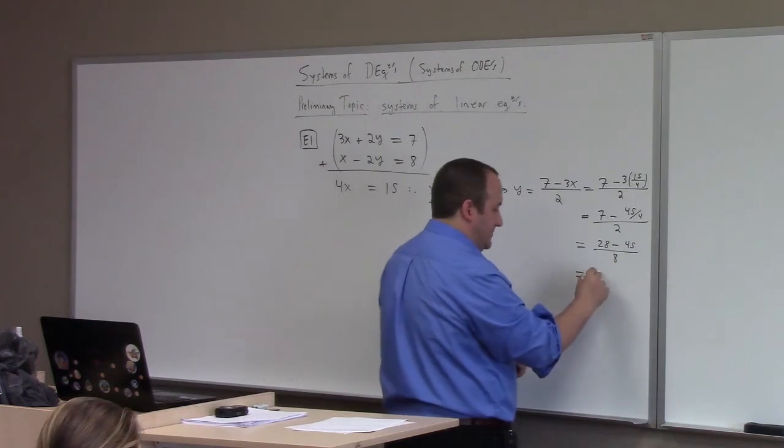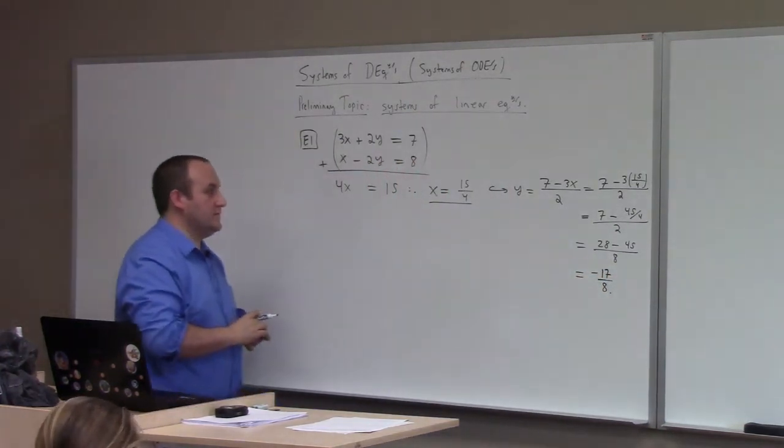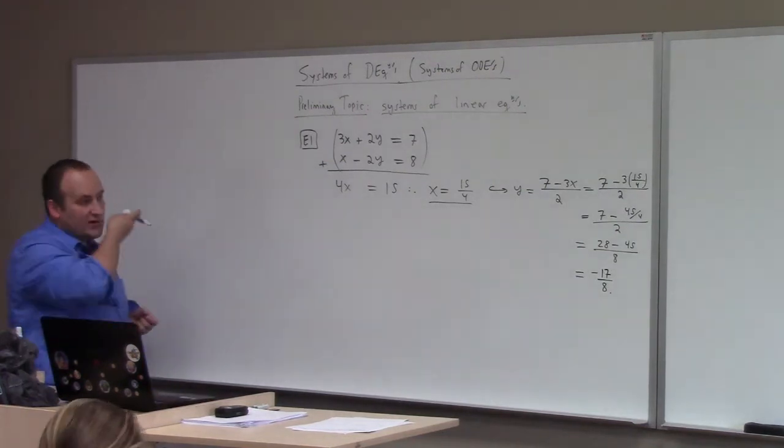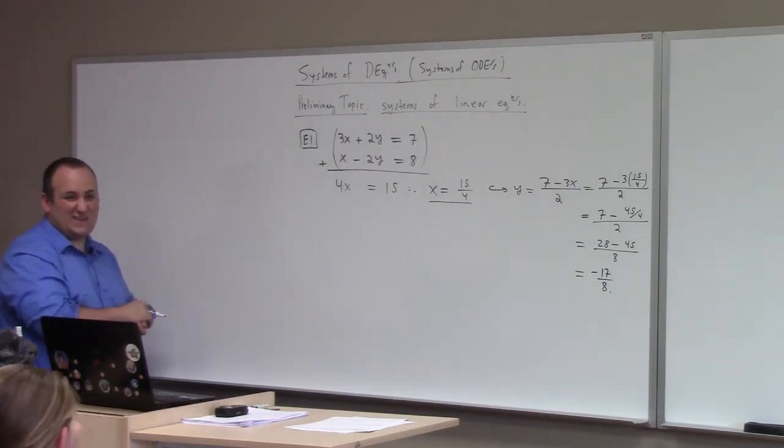Minus 17 over 8, right? So this method I just used is a combination of adding equations and substitution, right?